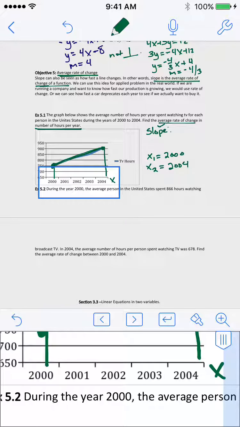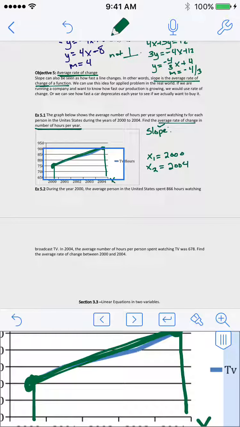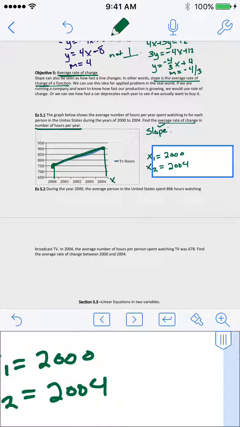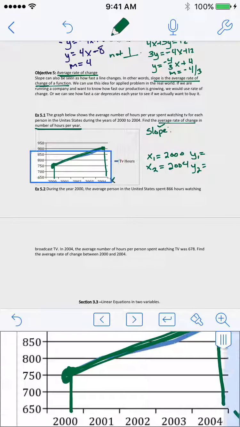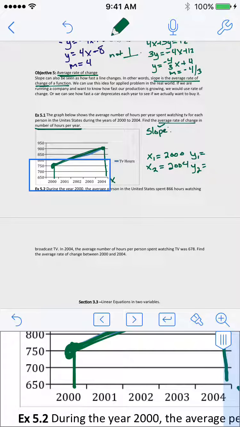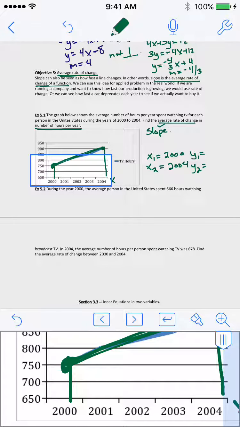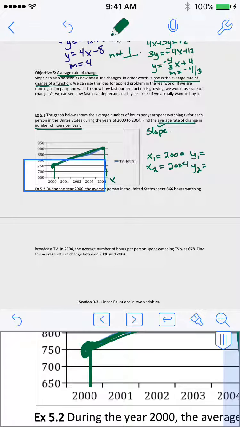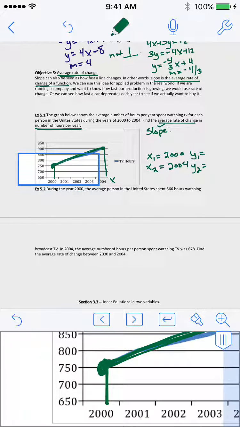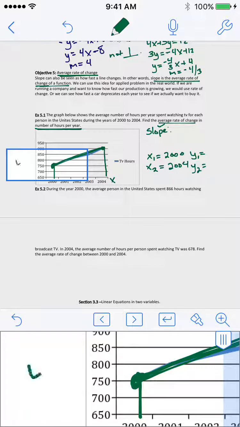Now we need to go find our y1 and our y2, right? Now those coordinate to the years that it happened in, right? So in 2000, 750, I believe, yeah, 750 hours per year. So this is hours per person.